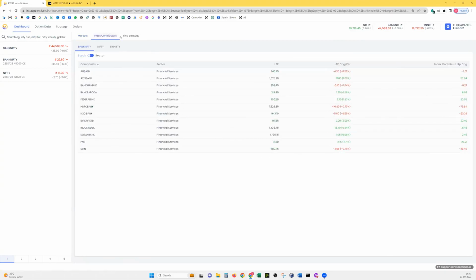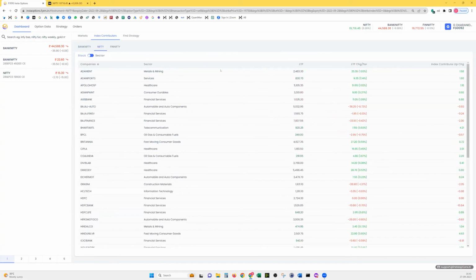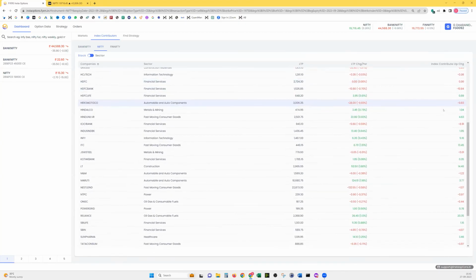The next is going to be the index contributor, where they can identify which script has contributed how many points to the movement in the index. This clearly shows that today almost 52 points of gain were made because of Axis Bank. On the other hand, on Nifty, you can look at how many points have been contributed.